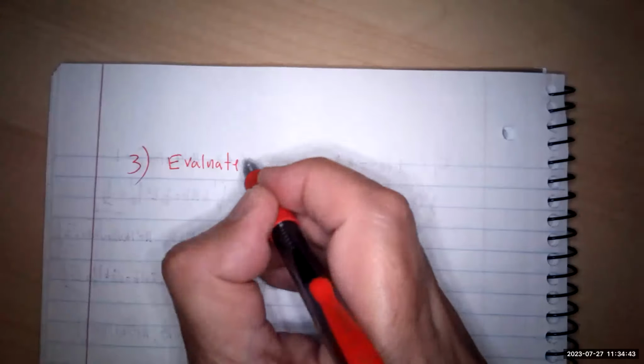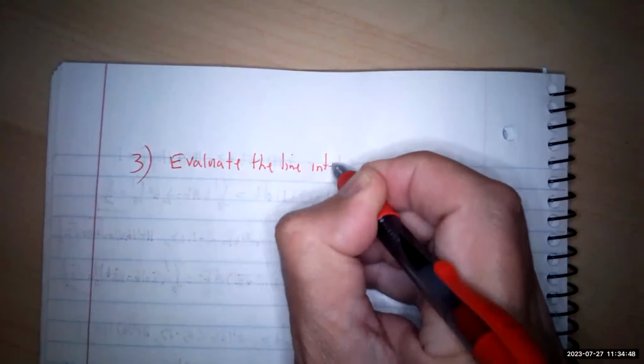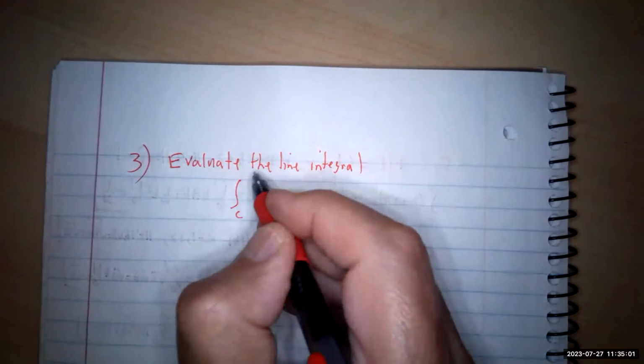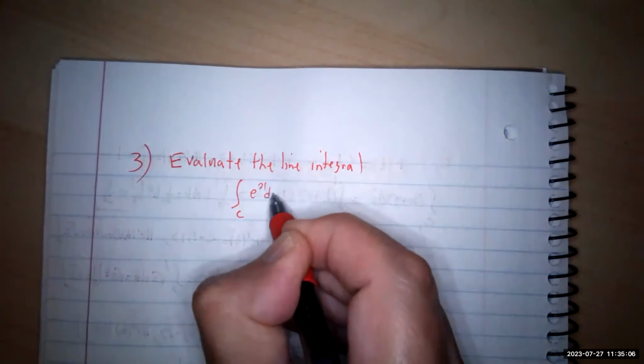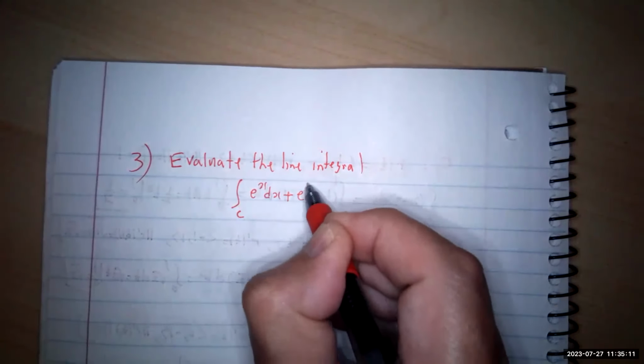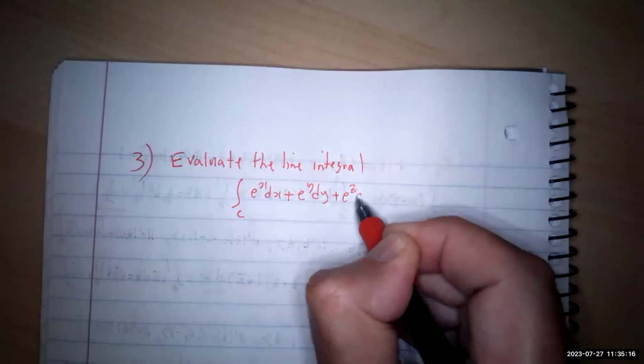So we want to evaluate this line integral for the function of 3 variables. The line integral is the one that we want to find, along C, but the form is a differential form, if you like: e to the x dx plus e to the y dy plus e to the z dz. They call it a differential form.